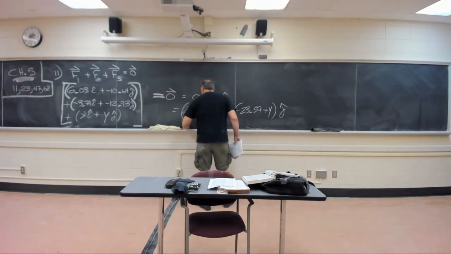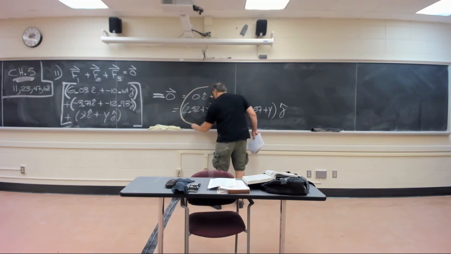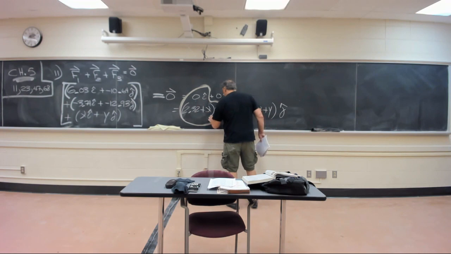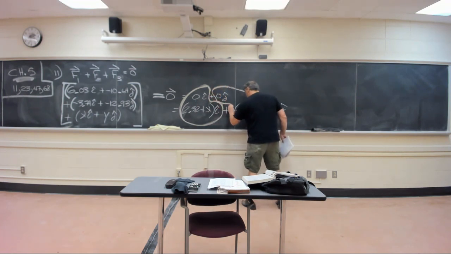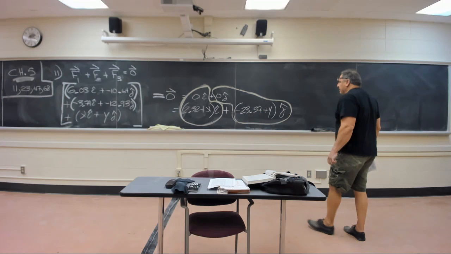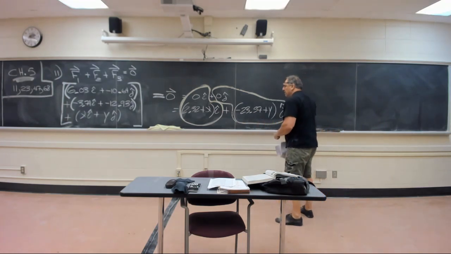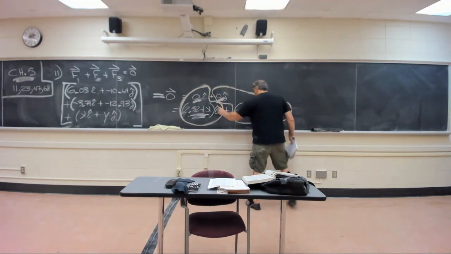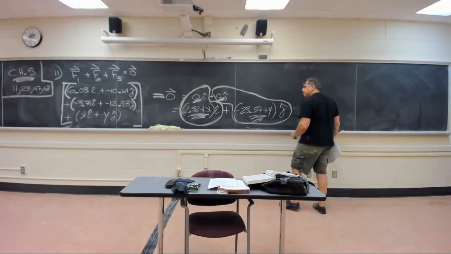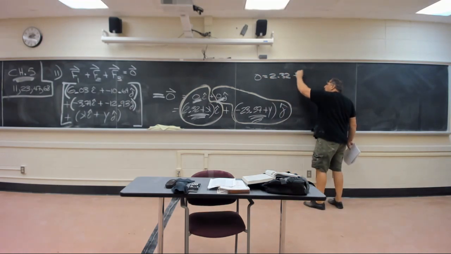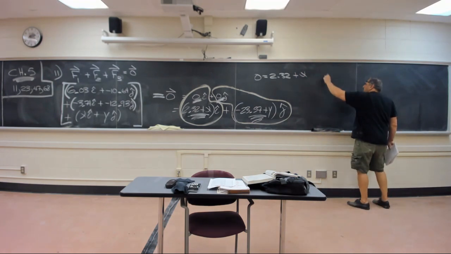What's going on is 0 i hat is equal to this, and 0 j hat is equal to this. 0 has got to be equal to that sum. And 0 has got to be equal to this sum.